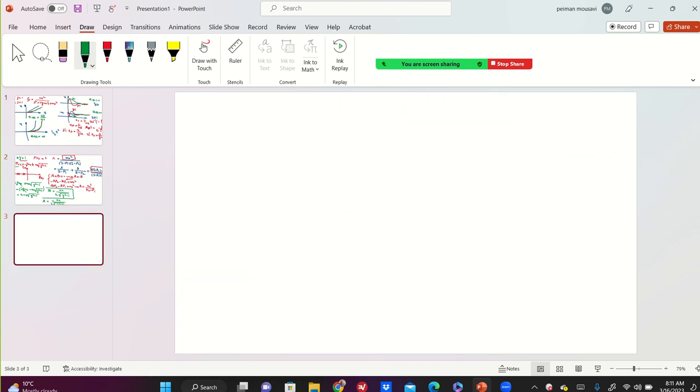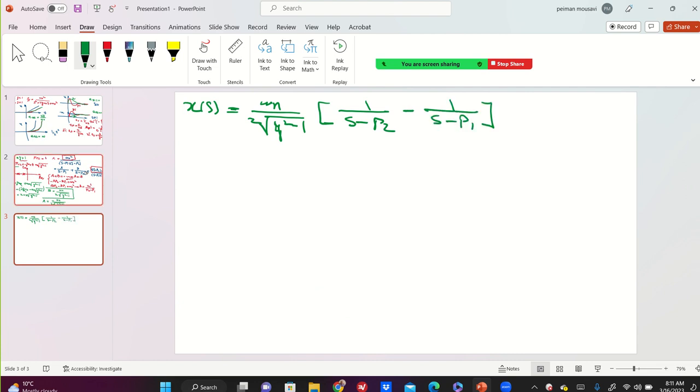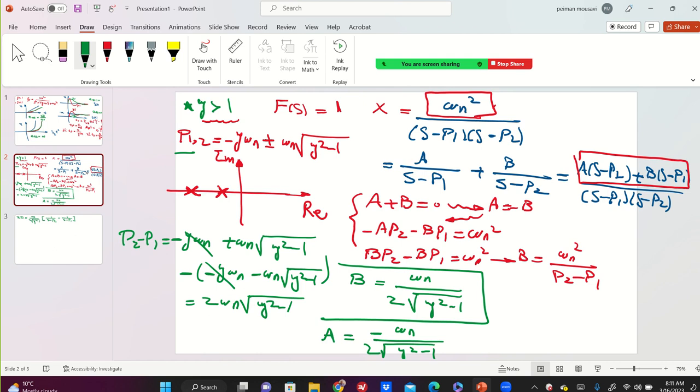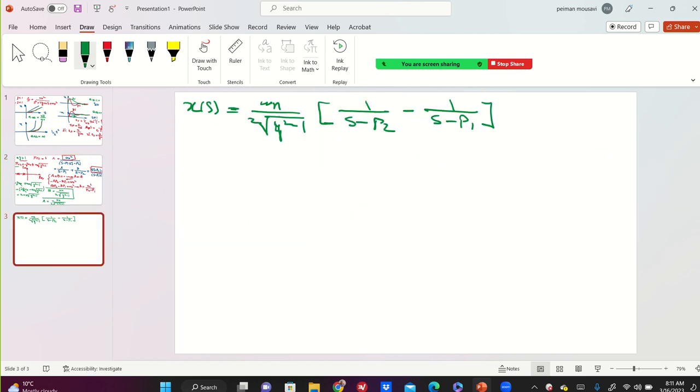So X of s is going to be omega n over 2 square root of zeta squared minus 1 times 1 over s minus p2 minus 1 over s minus p1. See, because B is positive and A is negative, I'm moving it.